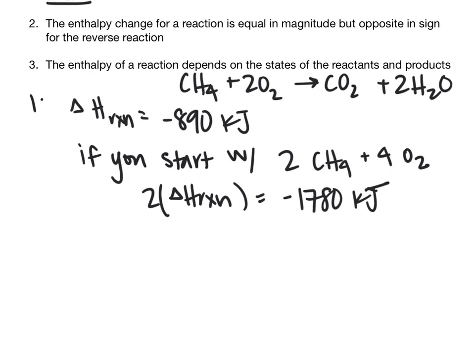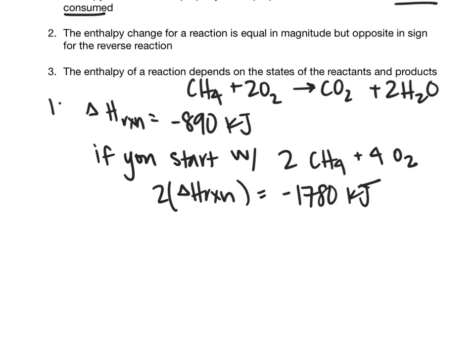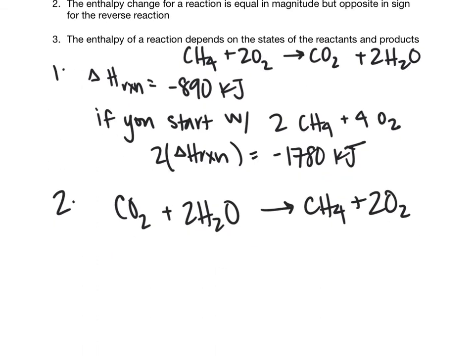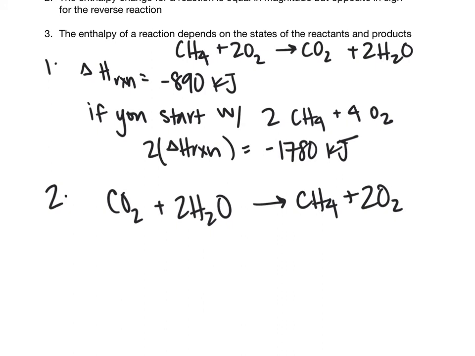So if we still think about this combustion of methane, we know that the delta H of that reaction is negative 890 kilojoules. So if we take CO2 plus 2H2O and instead get CH4 plus 2O2, instead of it giving off energy, we're now going to have to put in the same amount of energy that we would have gained.